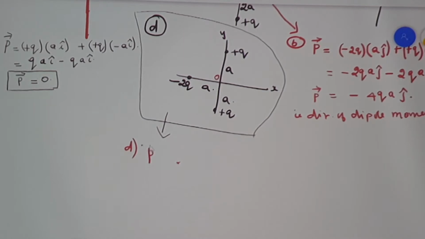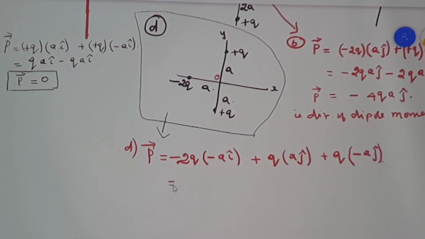You can write P vector is equal to, first of all I am considering along the x-axis, the charge available is minus 2q along the negative x-axis, so minus of A i cap, plus if I am considering the charge along the positive y direction, plus q A j, plus along the negative y direction, plus q, I am writing plus q minus of A j.